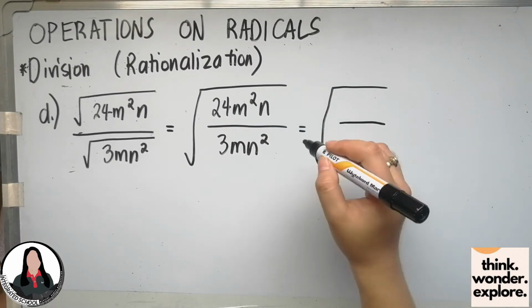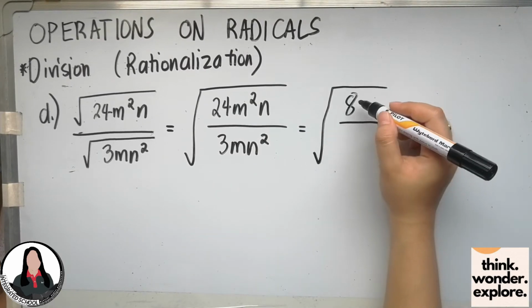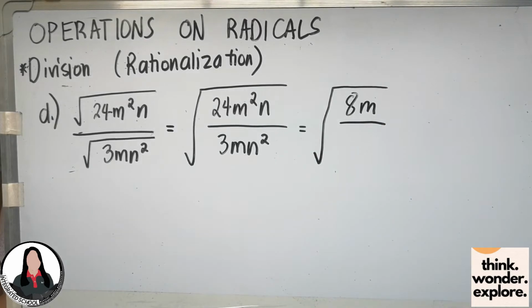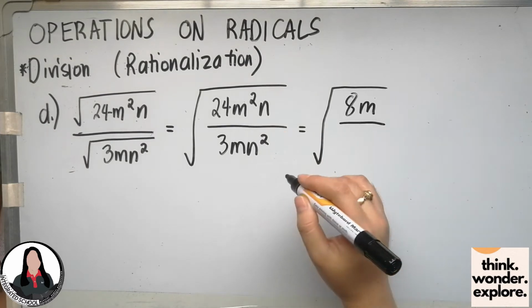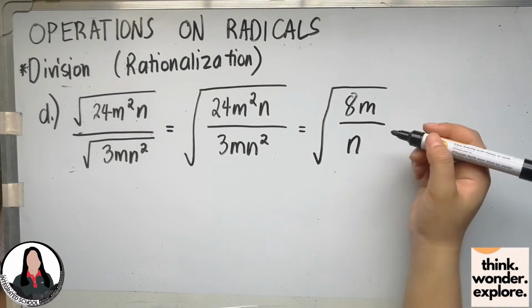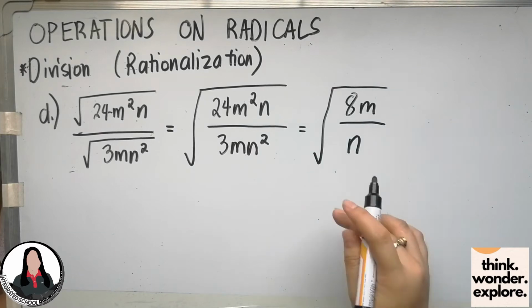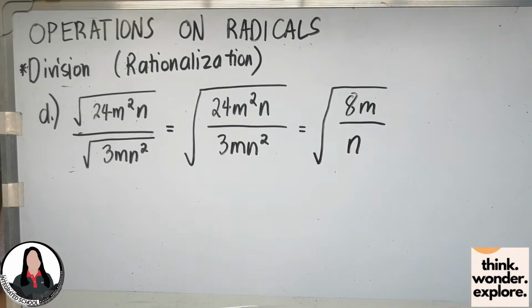So, we have 24 divided by 3, that's 8, and then m squared over m, that's m. However, for n, since the exponent of the numerator is less than the exponent of the denominator according sa quotient rule, isusulat natin ang base sa denominator and then doon natin isusubtract ang exponents. So, 2 minus 1, that's 1. So, we have square root of 8m all over n.